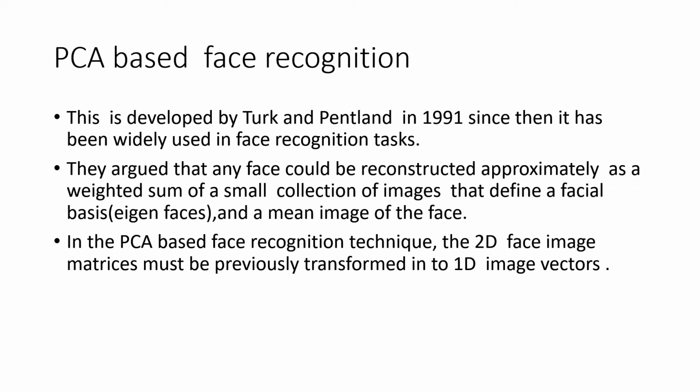Then classification is done based on our own choice, either Euclidean distance or Bayesian classification. Generally in PCA, we need to convert the image into a vector, calculate the covariance matrix, calculate the eigenvalues, calculate the eigenvector corresponding to the maximum eigenvalue, and project all the samples onto the eigenvector.